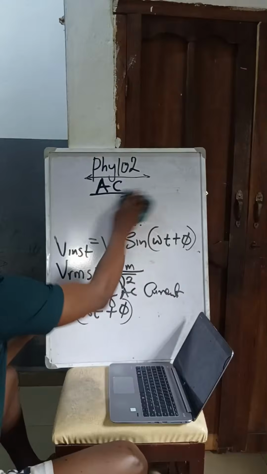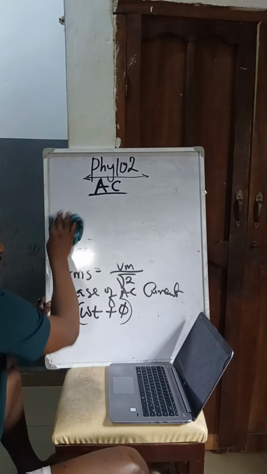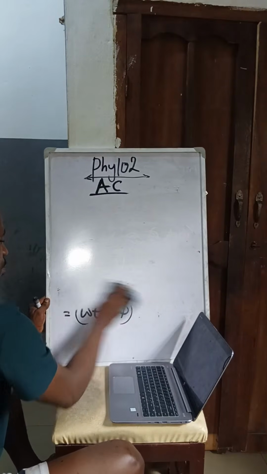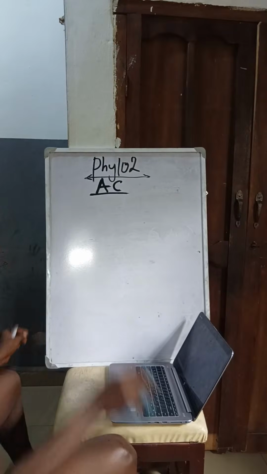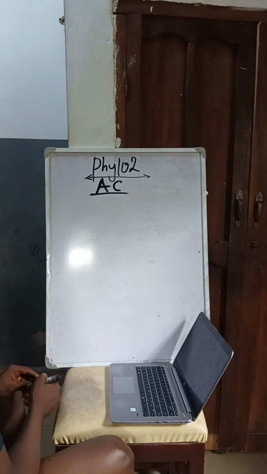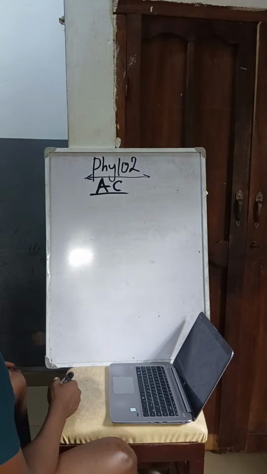What is the phase difference between two AC quantities?